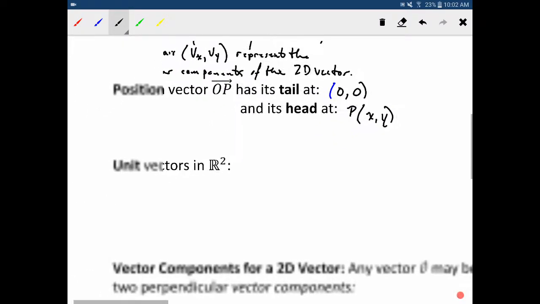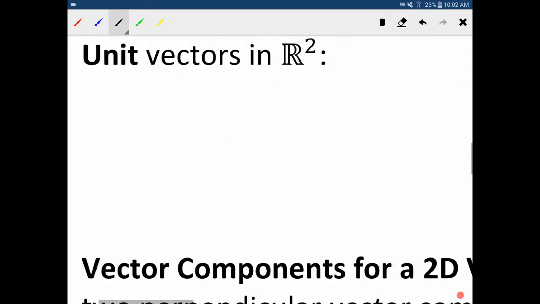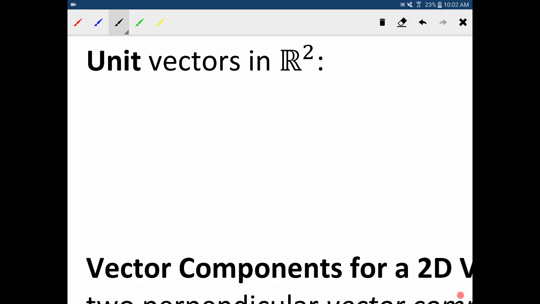When we're dealing with vectors, we often talk about unit vectors. There are two unit vectors in R2. We call them i and j.